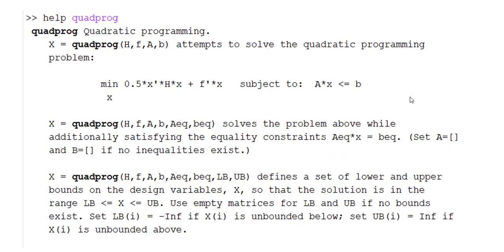In MATLAB, the basic function we are going to use is quadprog.